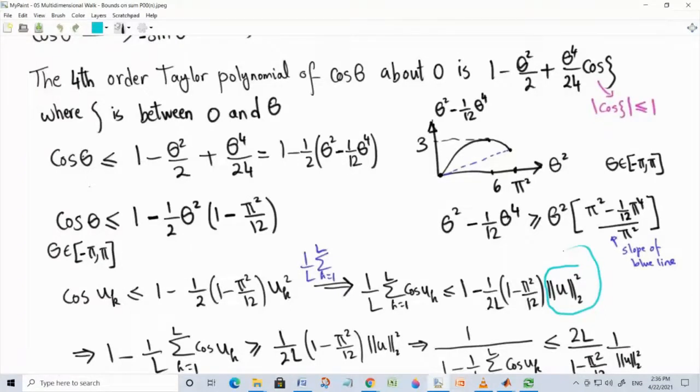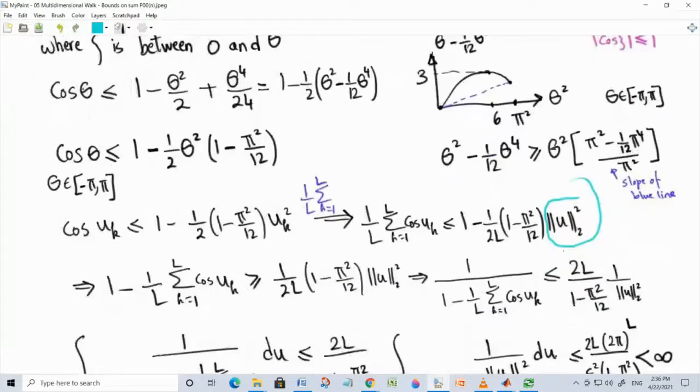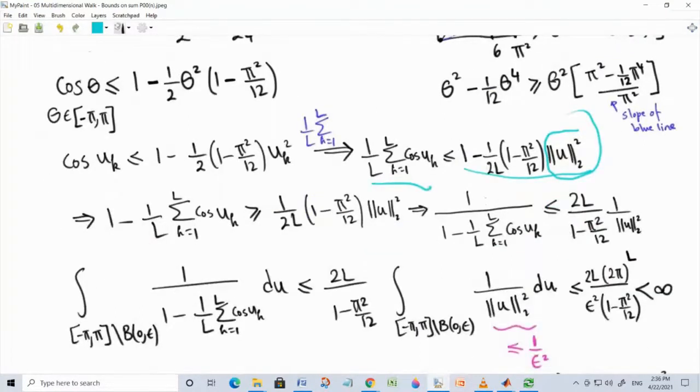Rather than having this annoying summation of cosines, you want upper and lower bounds that involve the L2 norm squared. You can show, based on the arguments above, that this is a valid upper bound, and it means that the integrand is upper bounded by this quantity here.